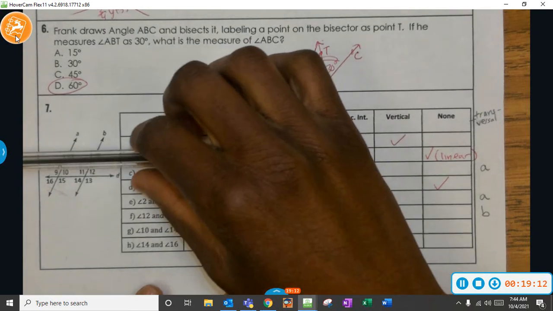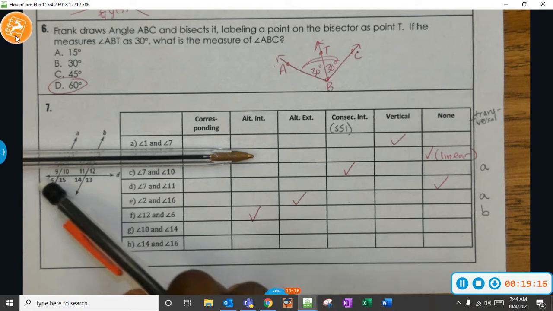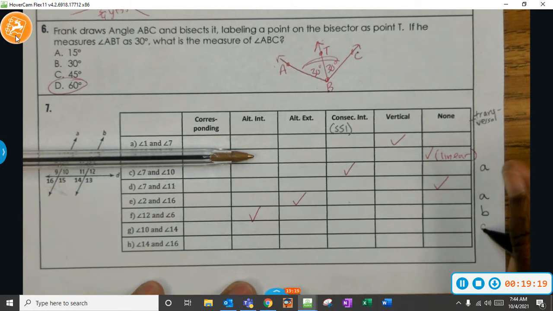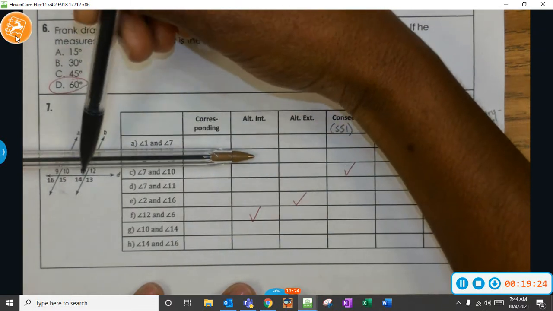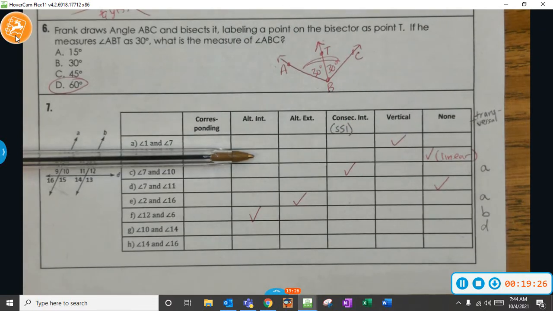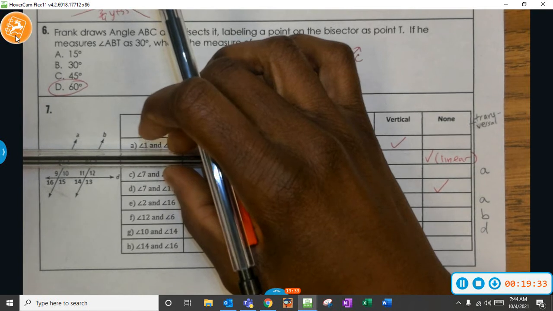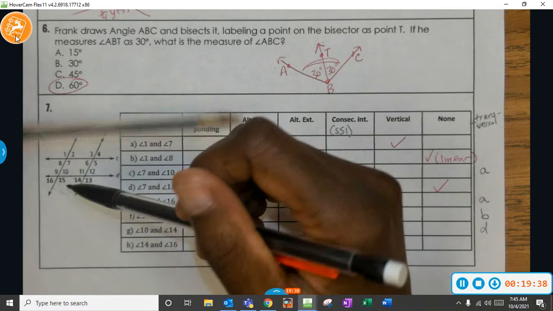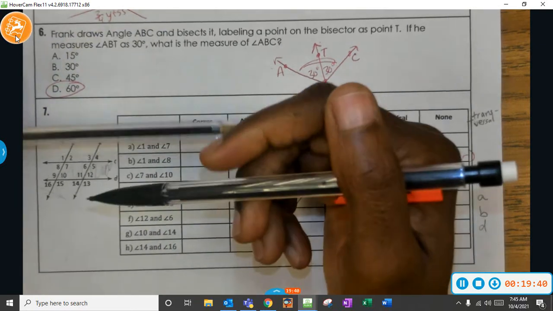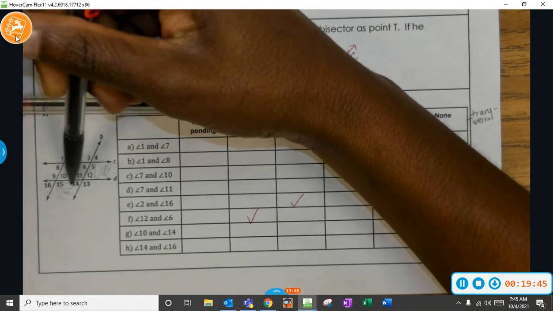Okay, 10 and 14 are on transversal D, because both of them are on the same line D, so D is the transversal. Now we're looking to see if they're inside of these 2 lines. When you're saying inside of something, it has to be inside of at least 2 boundaries. My inside on the previous ones was always shading this way, but now my inside is between these.